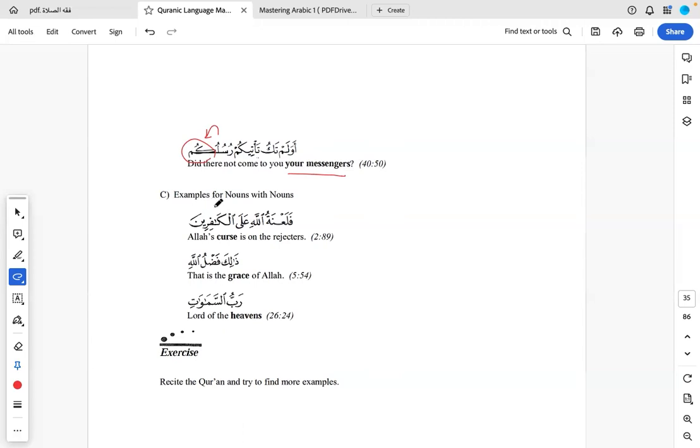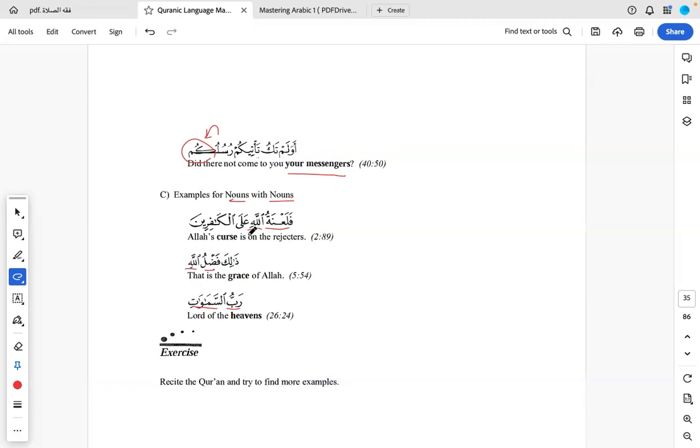Now, examples for the third group, which is adding a noun to another. So فلعنة الله على الكافرين. لعنة الله, Allah's curse. ذلك فضل الله, that is the grace of Allah. رب السماوات, Lord of the heavens.